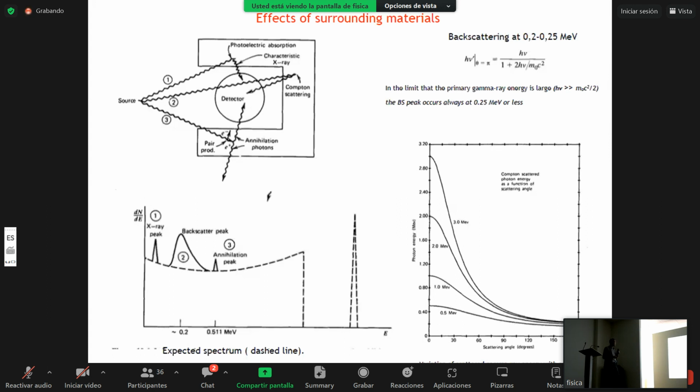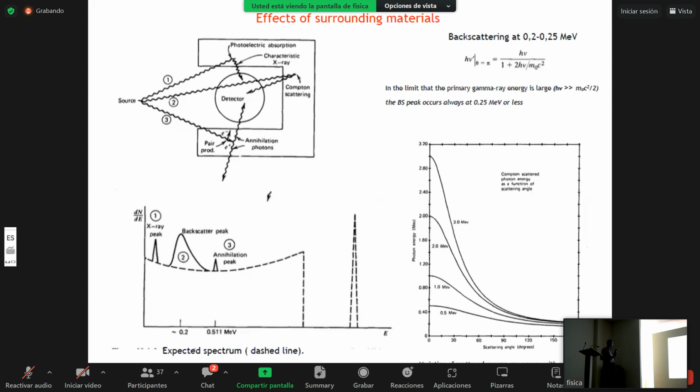There are some other effects which can happen in the detector, because the detector is usually surrounded by some sort of materials, for example, shielding, and there can be events such as backscattering.